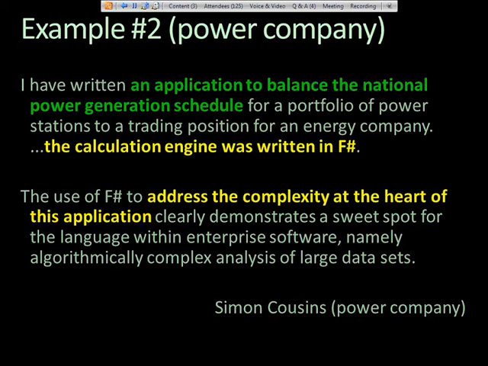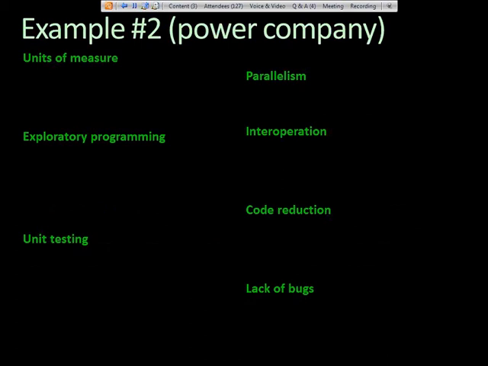From his point of view, he's using F# to address the complexity at the heart of the application. And that is the sweet spot in .NET for F# 2.0: algorithmically complex analysis over large data sets. There are other sweet spots, I think, as well. I'm just pulling this one out because some of the most significant deployments of F# have this kind of characteristics.